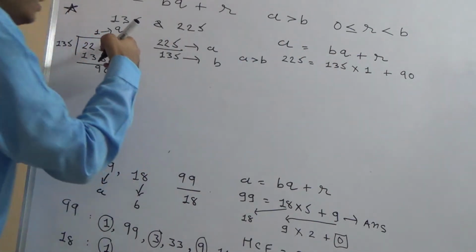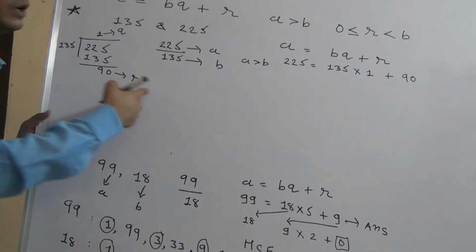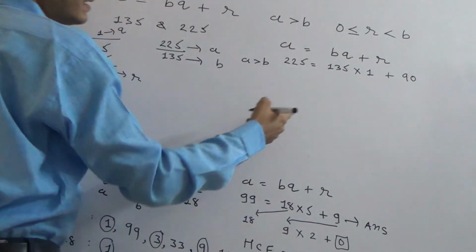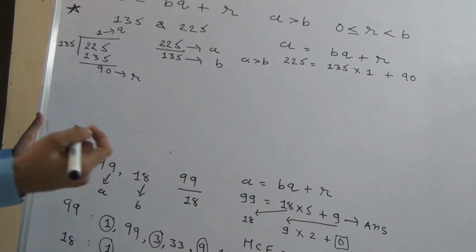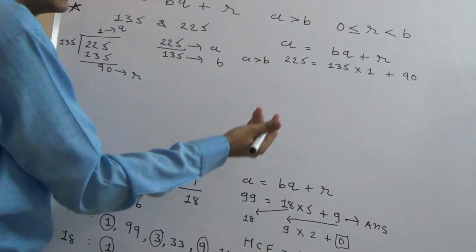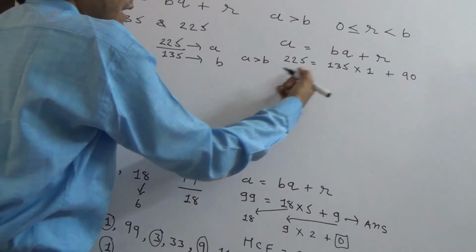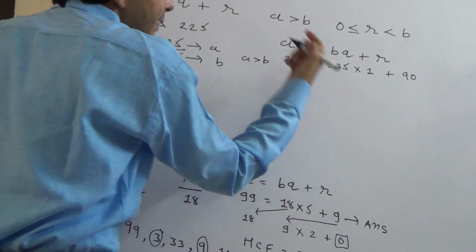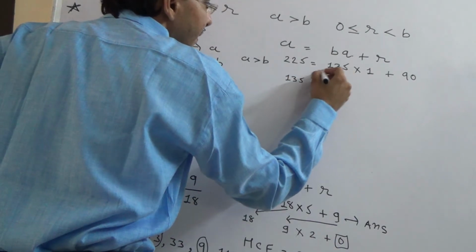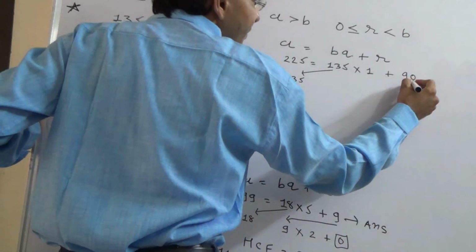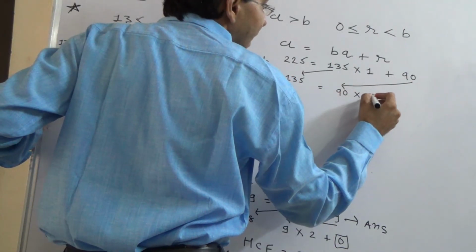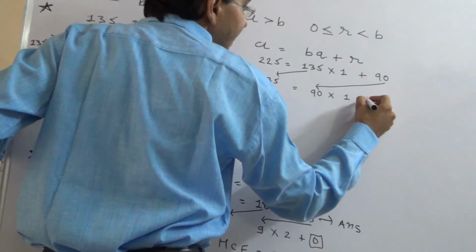Q is our quotient and R is our remainder. So 135 ones are 135 plus 90 as the remainder. As discussed previously, in the next step our B becomes our A and our R becomes our B. So 135 becomes A and 90 becomes B.